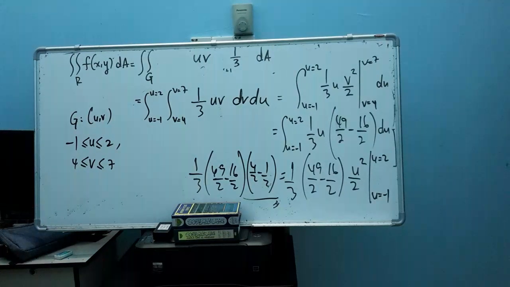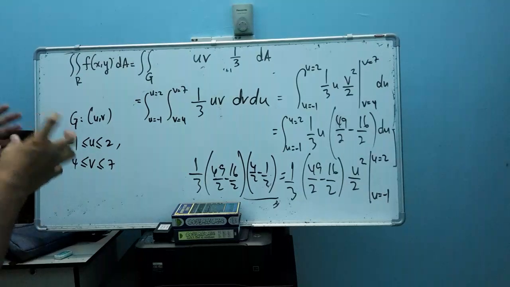On the way you can check my calculation here. If there is no miscalculation, the final answer will be this one. So you see how the substitution works in this double integral.